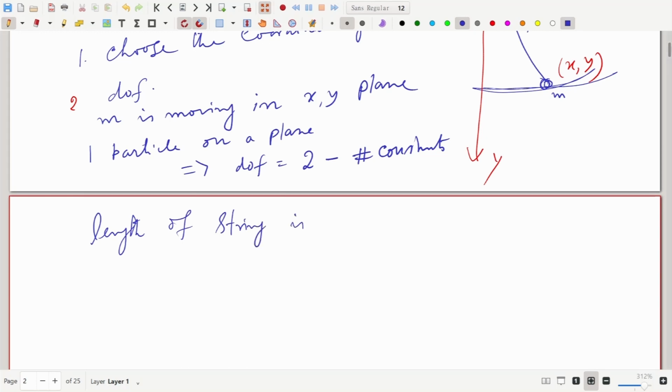So, if the point of support is at 0, 0, then the length of the string is given by x square plus y square, which is L square. So, this is the constraint equation. This, we know, is also a holonomic constraint.